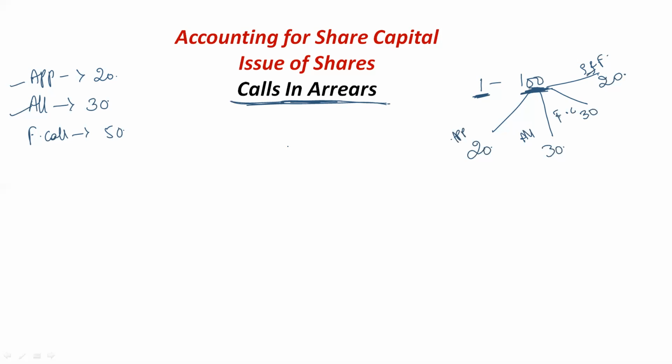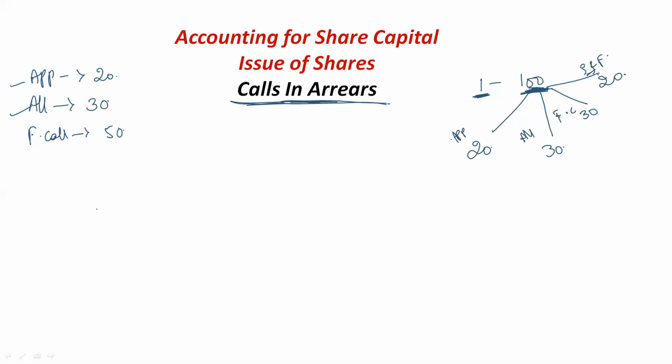Now coming back to our main topic, calls in arrears. If any shareholder fails to pay any amount when the company asks for it in installments, that is calls in arrears.